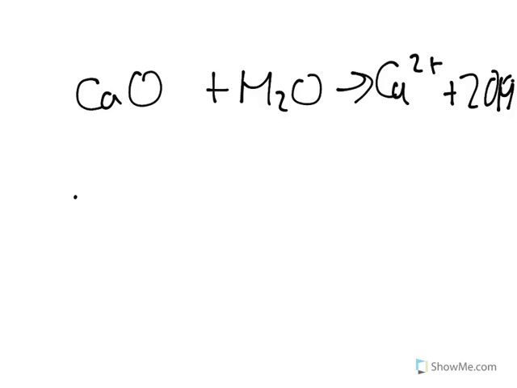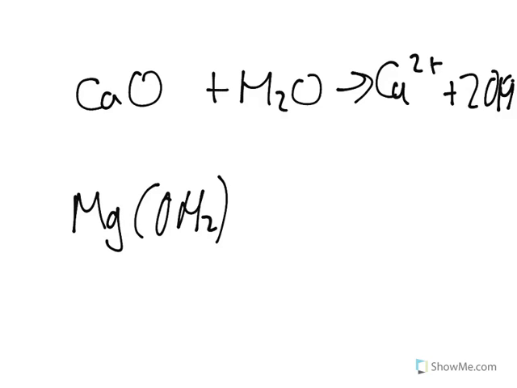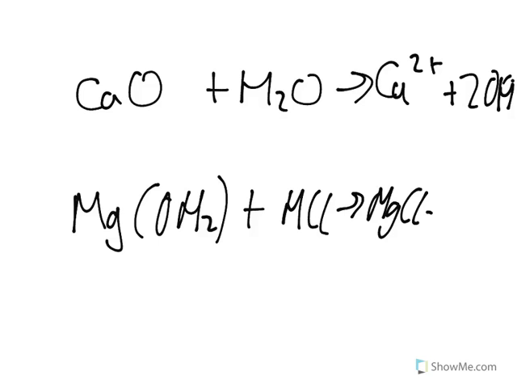So if you go from Mg(OH)2 plus HCl, which is the acid in your stomach, it goes to MgCl2 plus H2O. Remember, always balance. And so it neutralizes the acid, and your tummy feels a lot better.